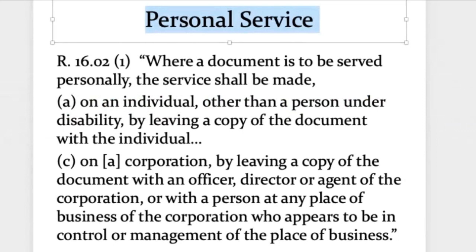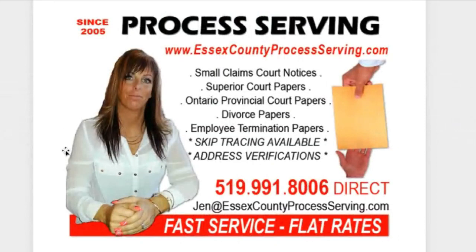So this is typically outsourced to a group of people called process servers. Here is Jen, who is a real process server working in the Windsor and Essex County area. Jen will personally serve your litigation document on other parties if you call her and give her the document.